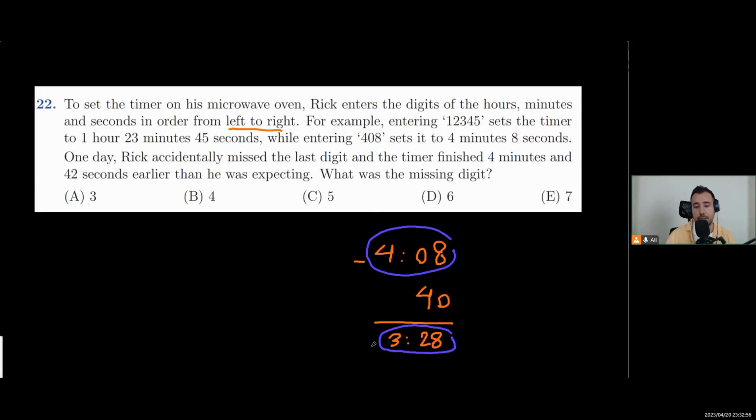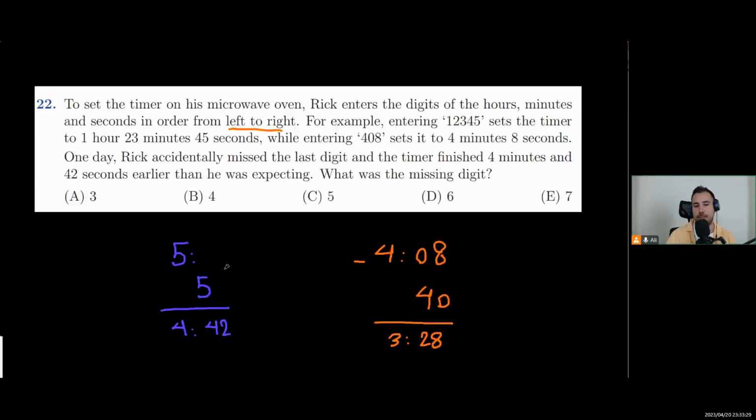Because we want this to be 4, this has to be 5. So it'll be 5 and something. Then how to write the other 2 seconds? Whatever I write, this is also 5. So this is supposed to be 4 and 42.